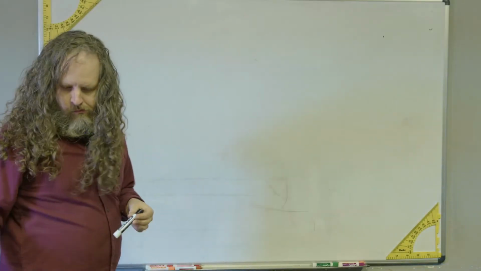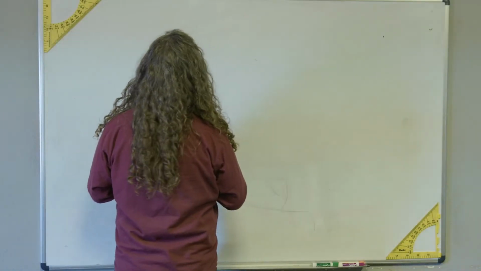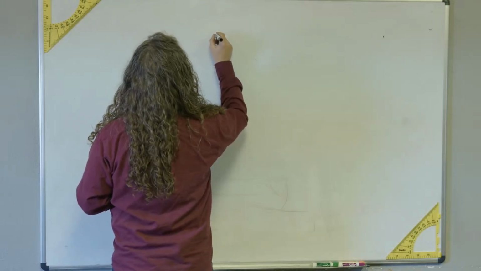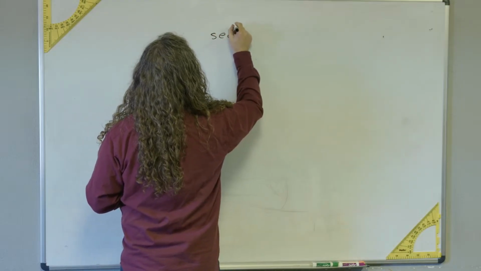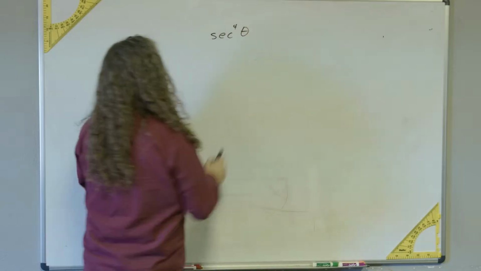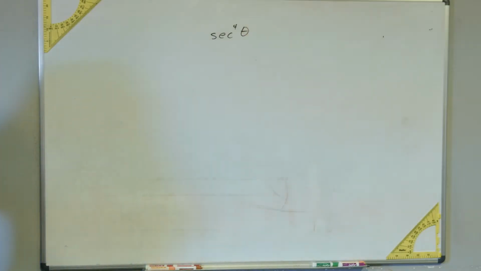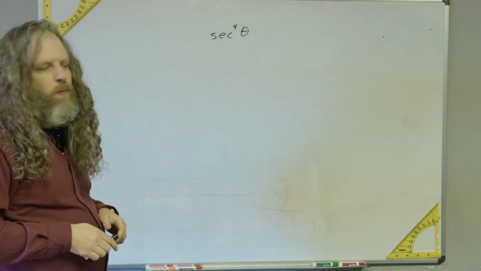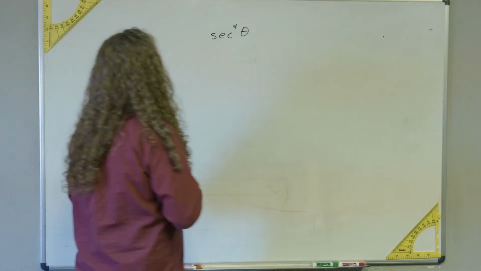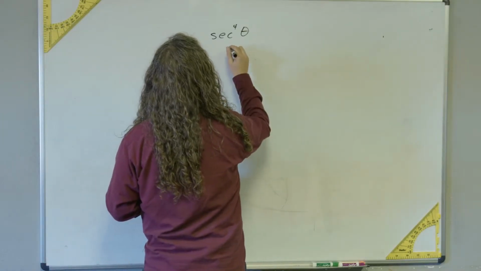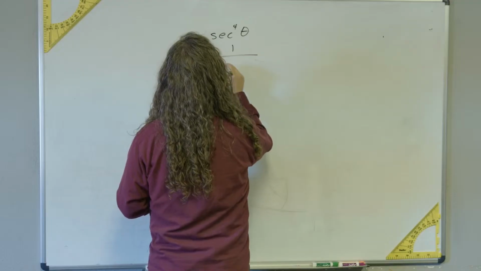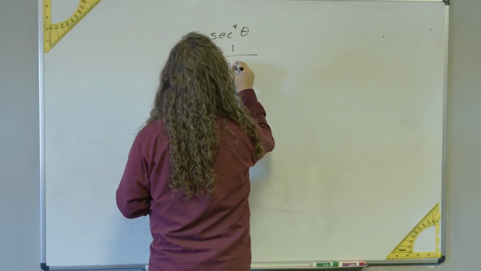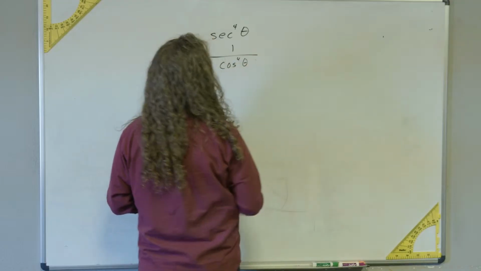Secant to the fourth theta. Change it to cosine: 1 over cosine to the 4th theta. That seems fine. We've got all kinds of identities with cosine, so 1 over cosine to the fourth theta seems reasonable so far.